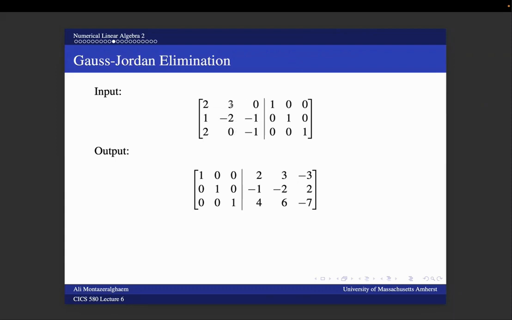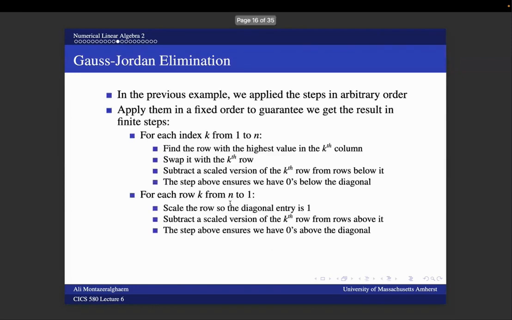For example, here we want to change 3 to a 0, and then 0 to 0 and minus 1 to 0. And also we want to have 1 on the diagonal on the left side. So let's see how we can do that with Gauss-Jordan elimination.